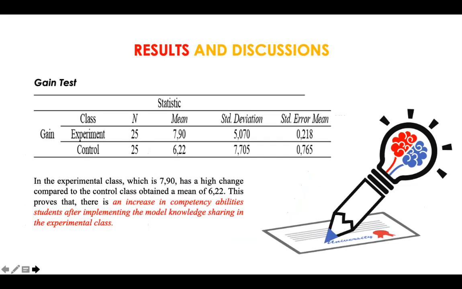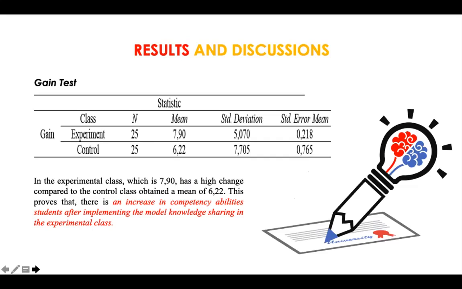And the gain test in the study aims to see the difference between the post-test and pre-test scores of both classes, the experiment and control class. Gain shows an increase in student competence after the application of the knowledge sharing model in the experimental class and the application of different learning models in the control class.